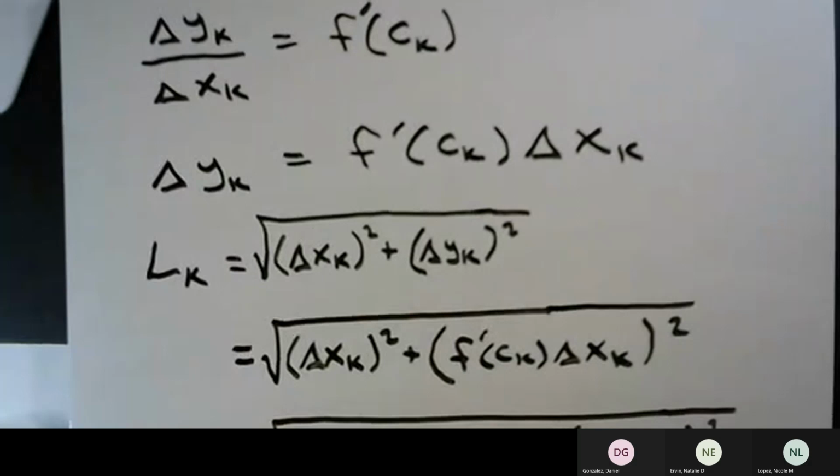I'll better put parentheses around this, dx squared, as if we had taken the square root of this and it popped out like that. And if we were to distribute this through, we're going to get this.